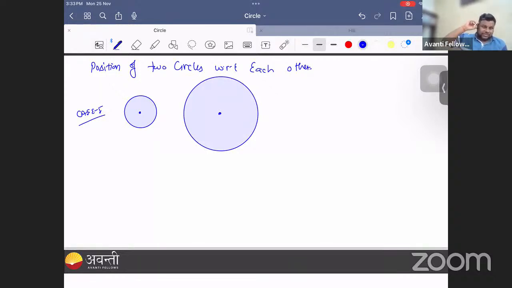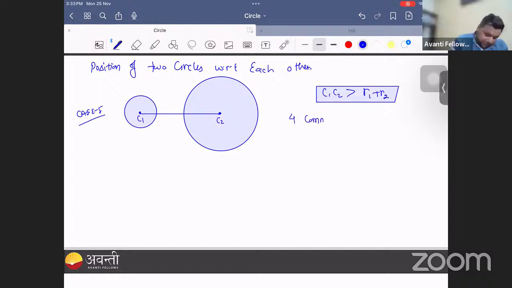When both the circles are distant from each other, the condition is: if their centers are C1 and C2, then C1C2 is more than R1 plus R2. Got it? And there will be four common tangents, out of which two are DCT.